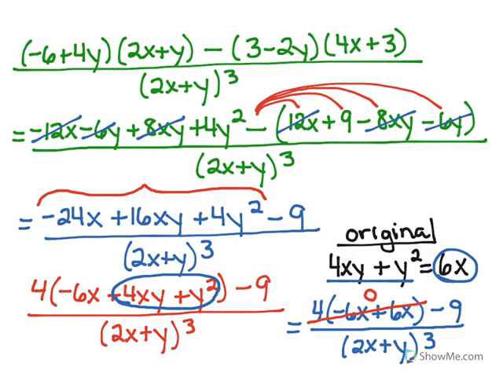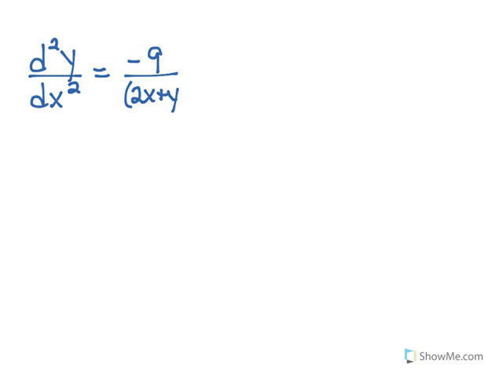So my final answer for the second derivative is this. d squared y dx squared is equal to negative 9 over 2x plus y quantity cubed.